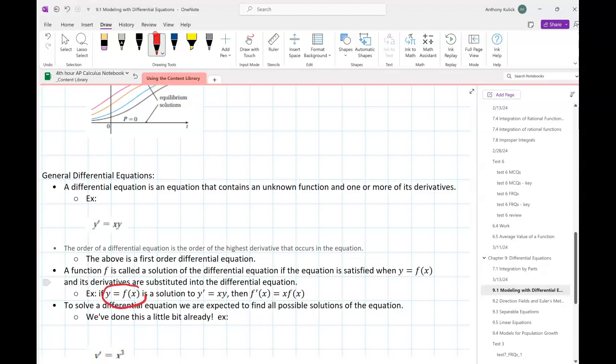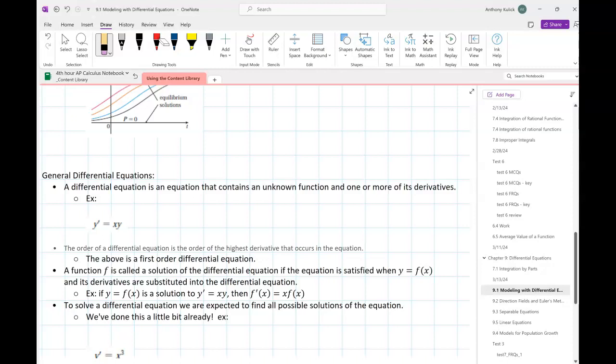Like if y equals f of x is a solution to y prime equals xy, then the derivative of f should equal x times f of x, because I put y equals f of x in for y. That's all this is saying. To check that something is a solution, we just plug it back in and make sure it matches. We'll do an example in a moment.